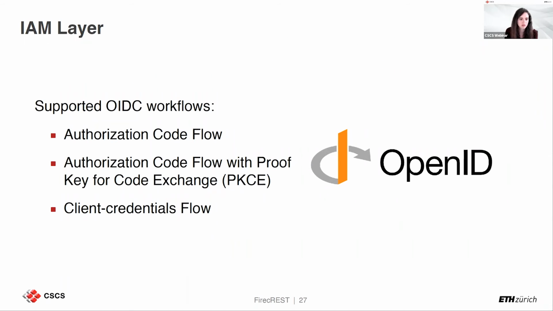The thing with this code flow is that it can be more safe, in the sense that even if a malicious attacker can intercept the authorization code, they cannot exchange it for a token without the code verifier. And finally, there is the client credentials flow, which is very convenient for testing and can be very useful for creating automatic workflows in the form of scripts.